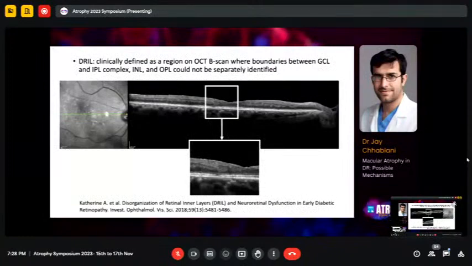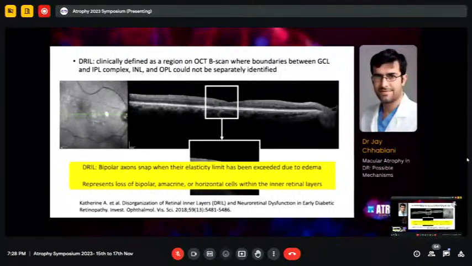Recently, we have learned about a new term called DRIL, which is clinically defined as a region on OCT B-scan where the boundaries of the GCL-IPL complex, INL and OPL could not be separated or identified. Here you can see on an inset how these inner retinal layers are indistinguishable on the OCT scans.